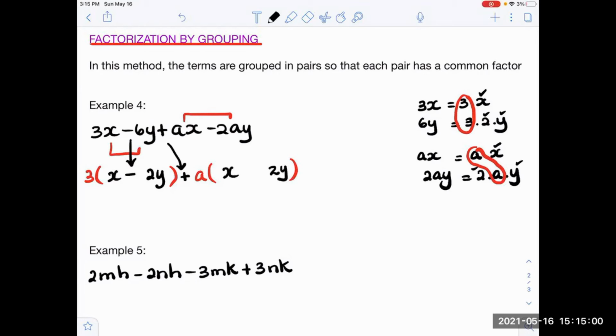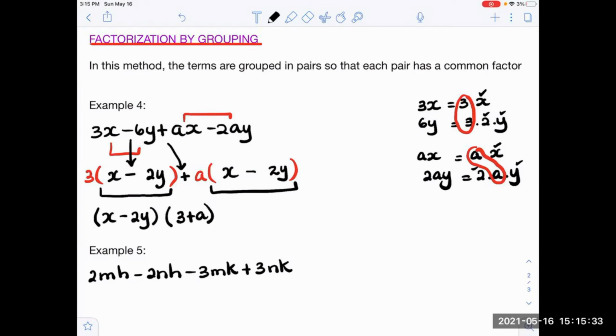Observe, my first bracket contains the same terms as my second bracket, so they must be identical. So if this bracket has a negative sign, my second bracket must also have a negative sign. So if you are unsure as to which sign to choose, make sure both brackets have the same sign. So my final answer, x minus 2y in one bracket and 3 plus a.